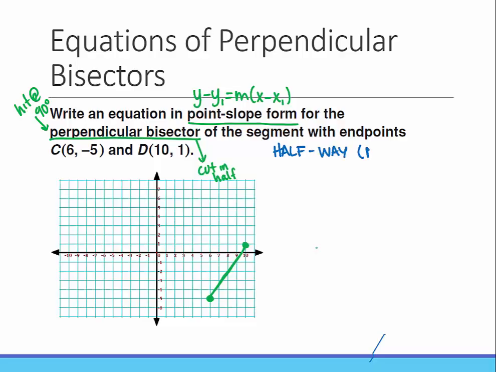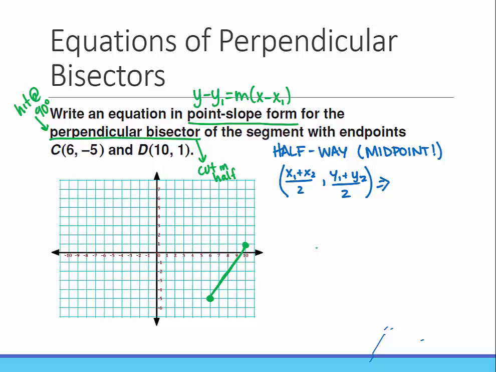And remember, we call this the midpoint. Back in chapter 1, we learned the midpoint formula. And remember, it was basically just the average of our points. Take your x's, you add them up, you divide by 2. You take your y's, add them up, and you divide by 2.